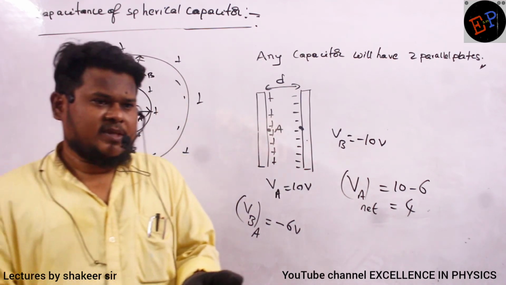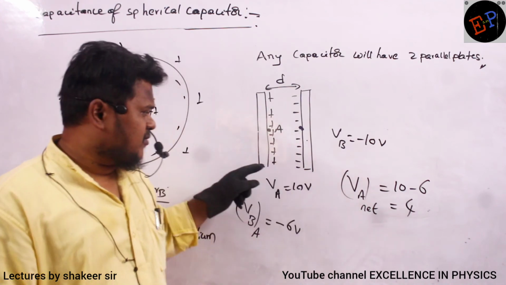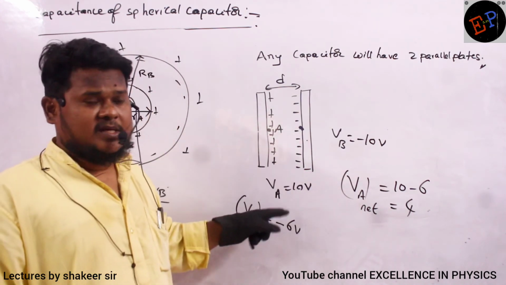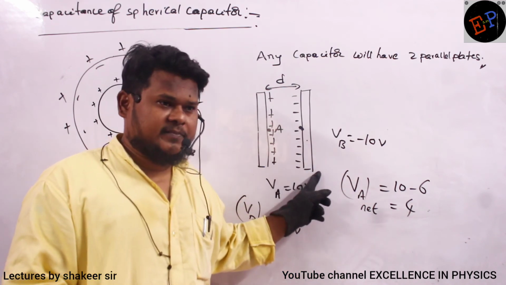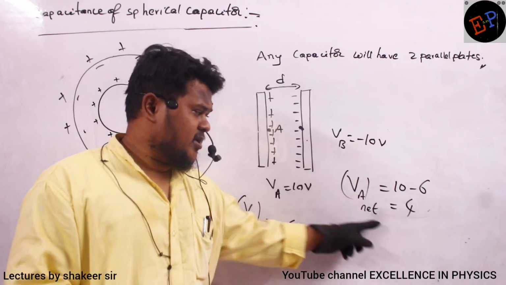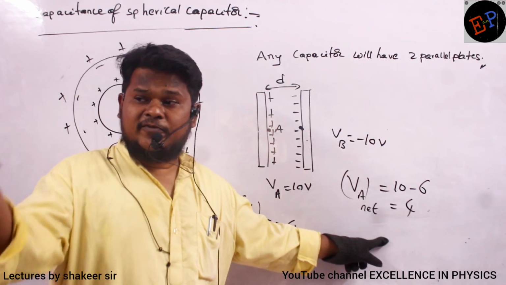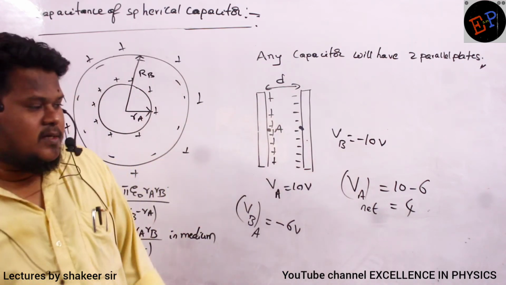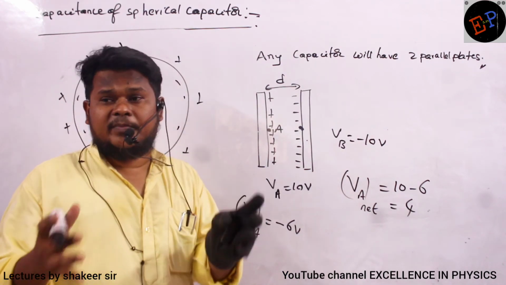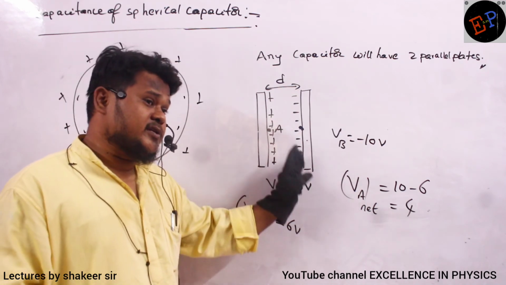If potential increases, field also increases, no? But for the same number of charges, I am making the potential reduce by introducing one more plate. Potential reduces, so I can reduce the field also. If the field reduces, I can add more charges. So therefore, to increase the storing capacity, or to increase the capacitance of a capacitor, we place a negative plate.